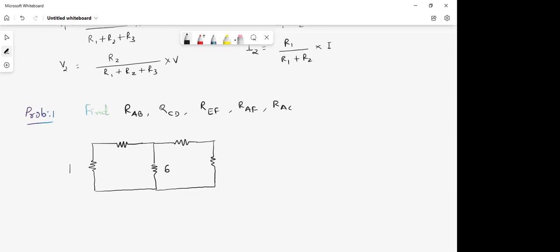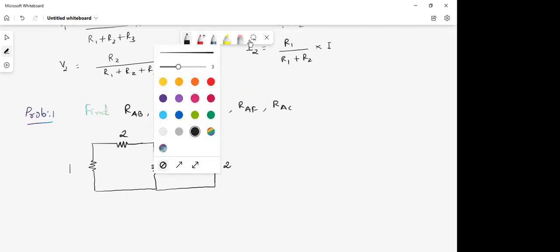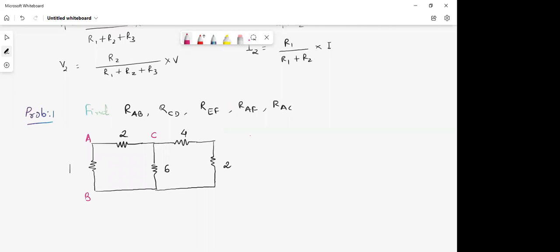I'm not writing that ohms. Draw this circuit.